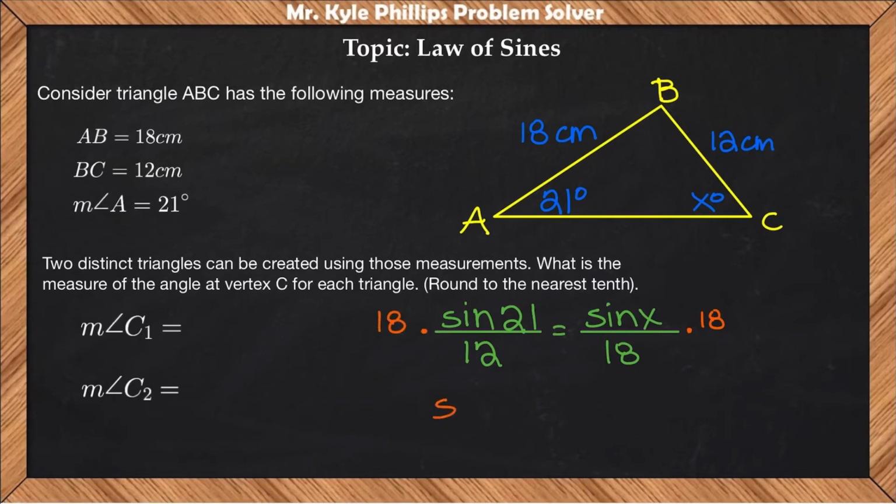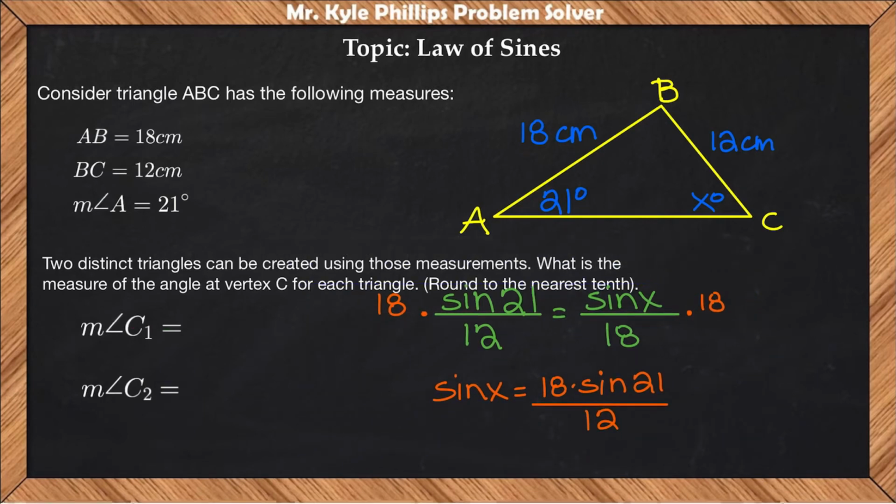So now I have sine of x is 18 times sine of 21, and this will all be over 12. Now, here we're solving for an angle. So the way we undo a trig problem here is we're going to multiply by its inverse. So we'll take this and move it up just a bit to give us a little bit more room.